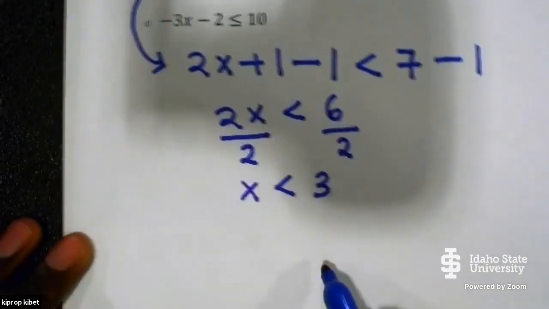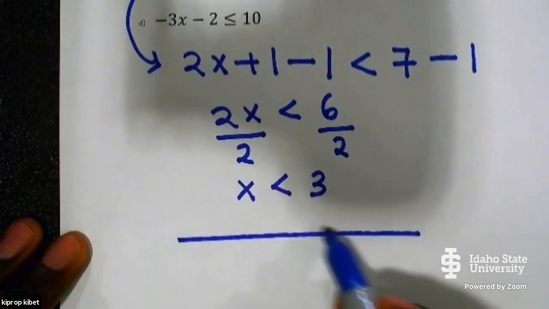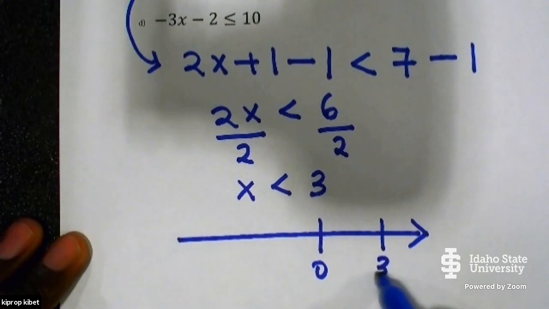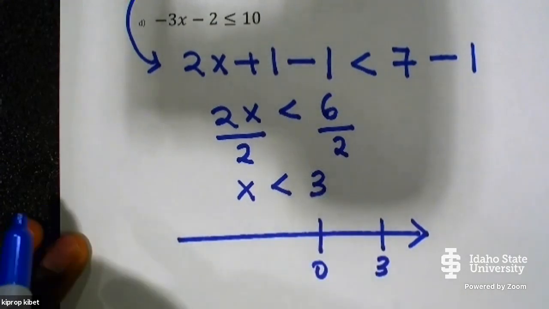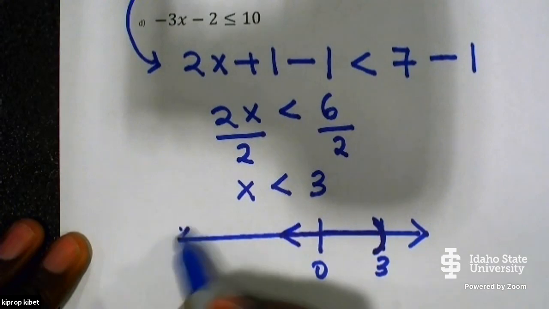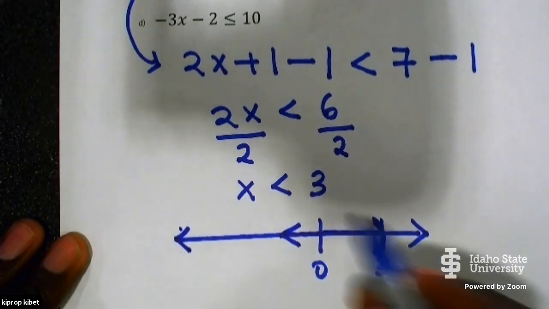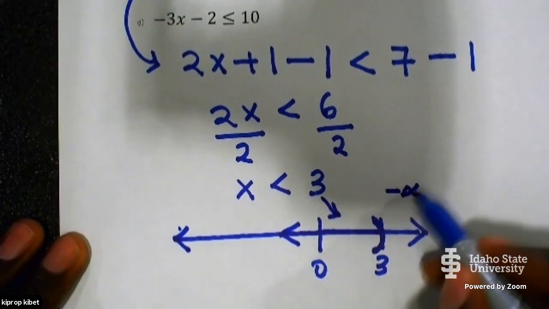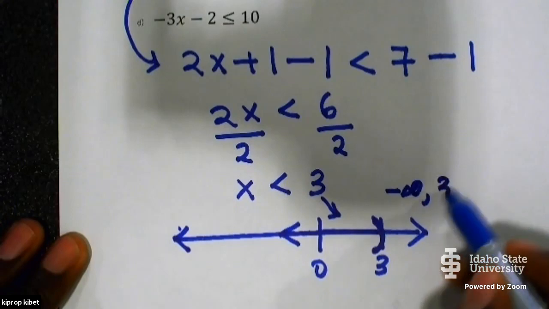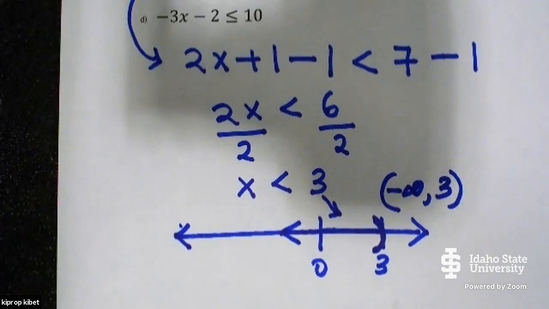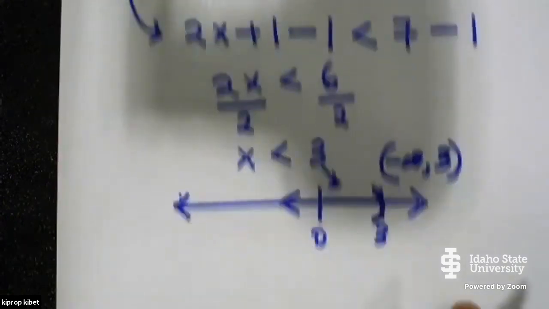Here it will be 0, then we have 3 there. So 3 is greater than x. So open that, then it goes in that direction. This is that, and then the interval notation is negative infinity, and then what? 3. And all of them are open. Okay, then next.